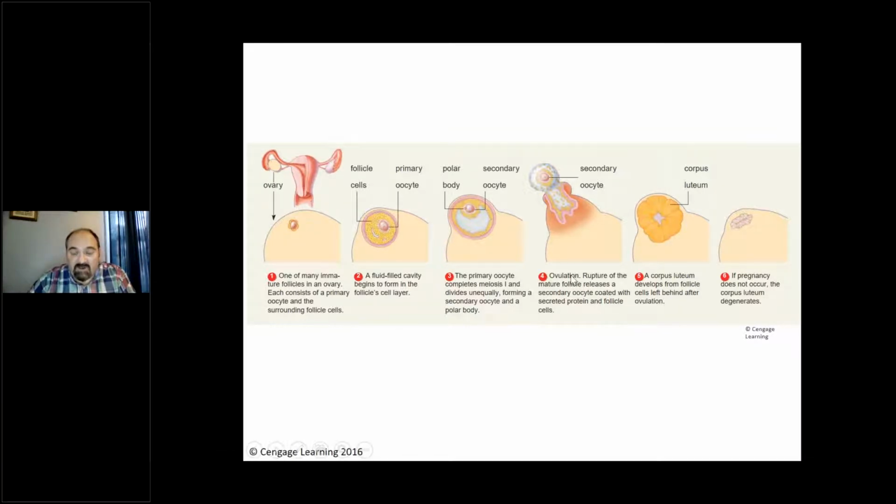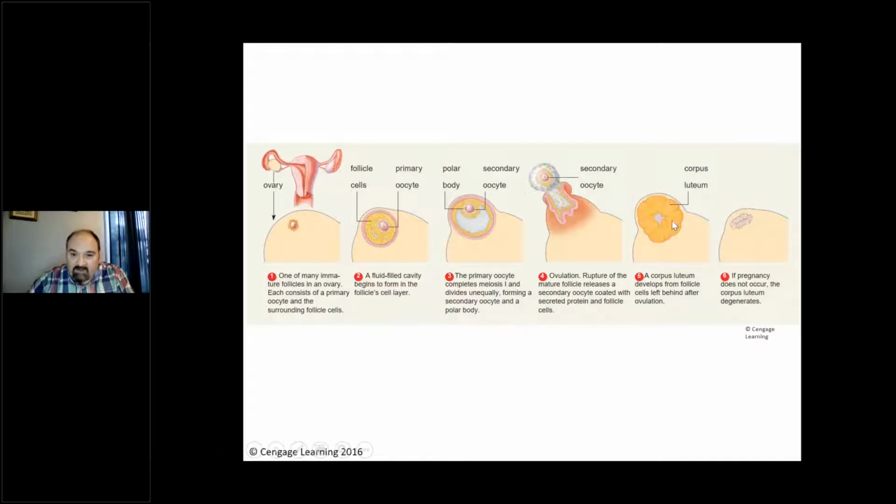So ovulation occurs, luteinizing hormone spikes, rupture of the mature follicle releases a secondary oocyte coated with secreted protein and follicle cells. And so you see here then entering into the fallopian tube, the oviduct, the uterine tube for possible fertilization. And so then you're left with the yellow body, and here's the white body.